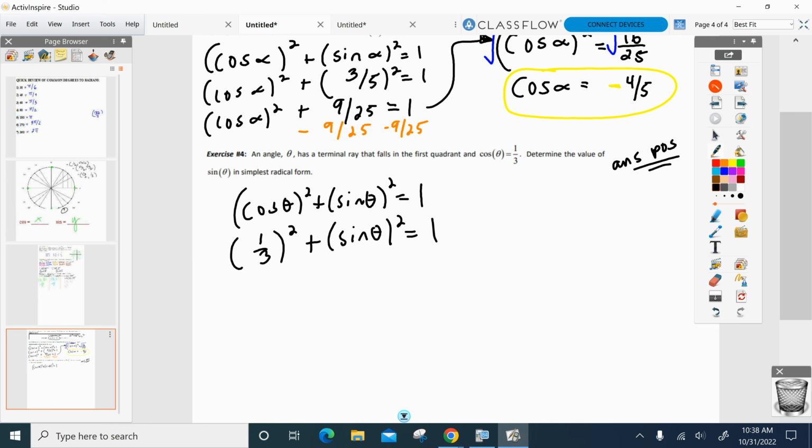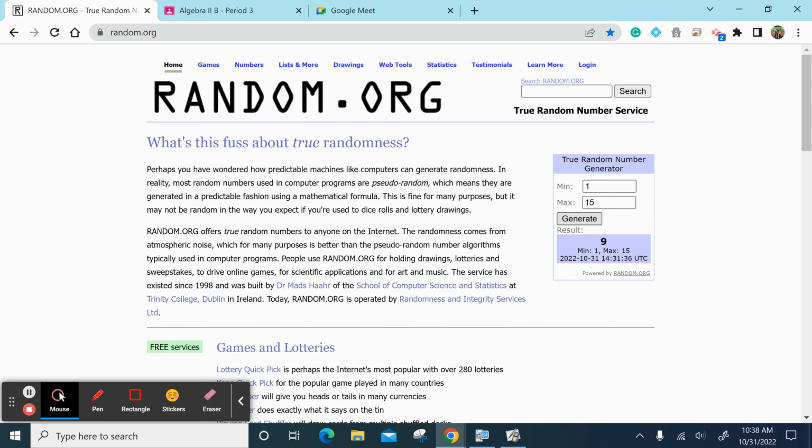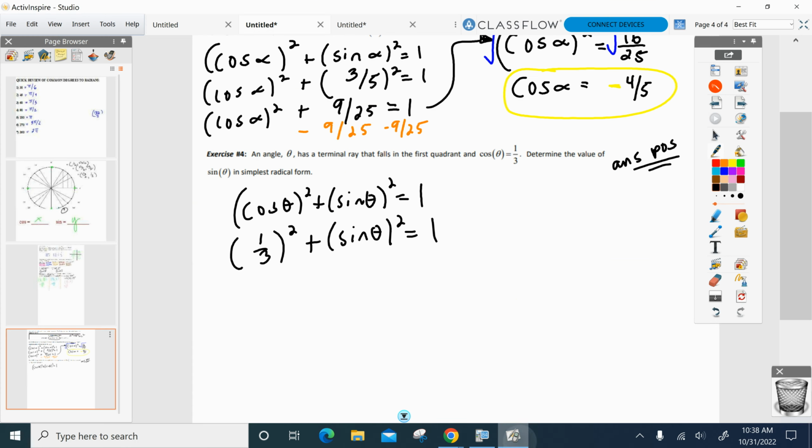Now go to your calculator. Let me know when you're ready. 1/3 squared. 1/9.